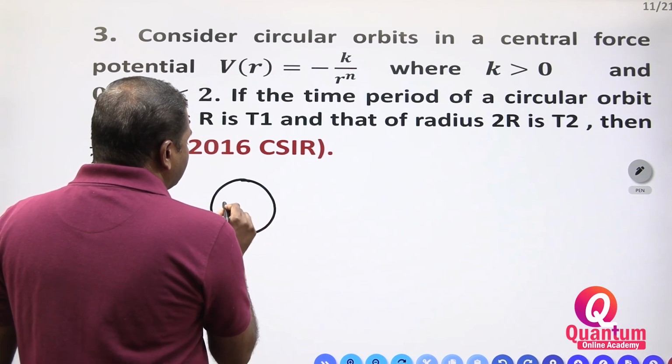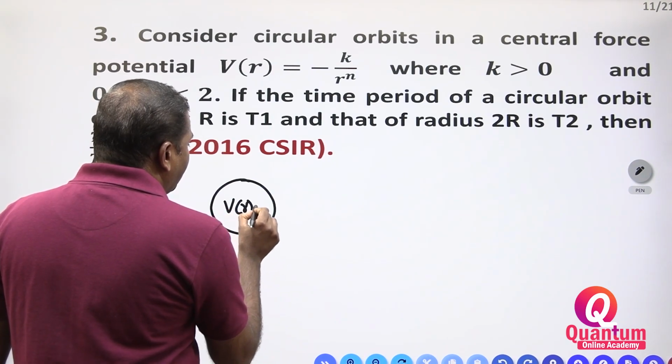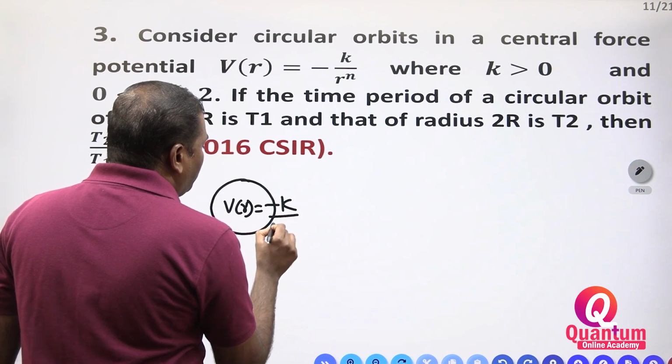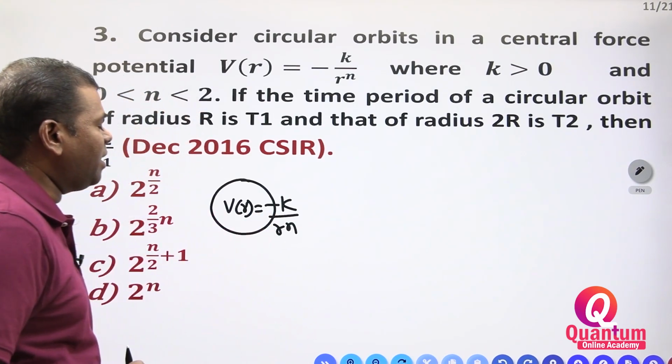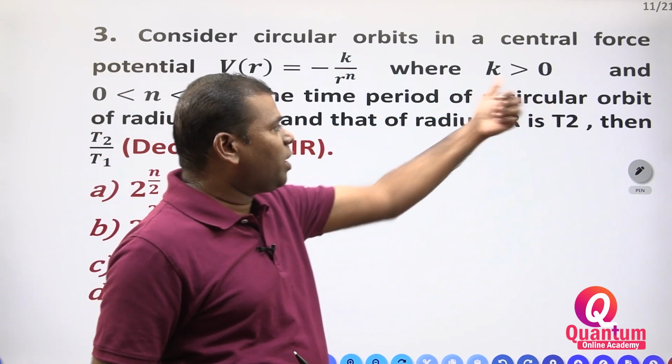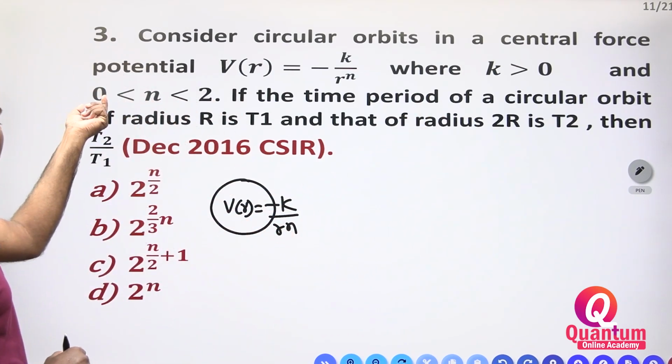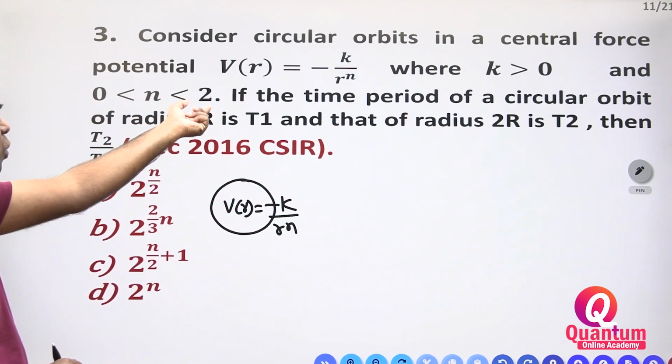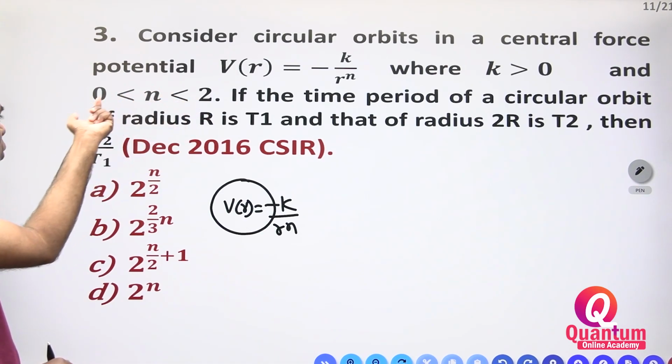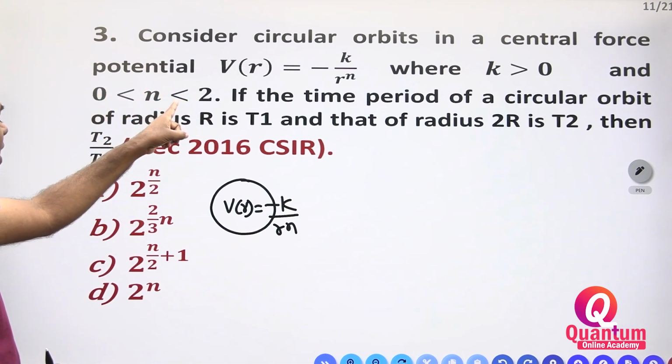V of r is equal to minus k by r to the power n, where k is greater than 0, a positive constant, and n is between 0 and 2, that is 0 is less than n is less than 2.